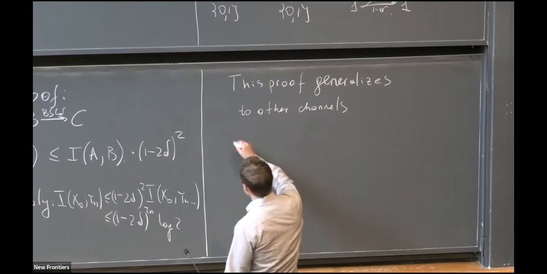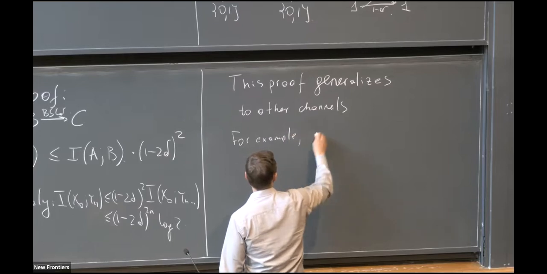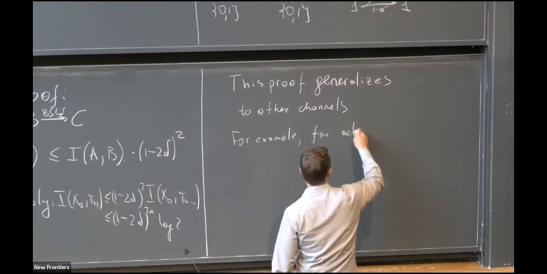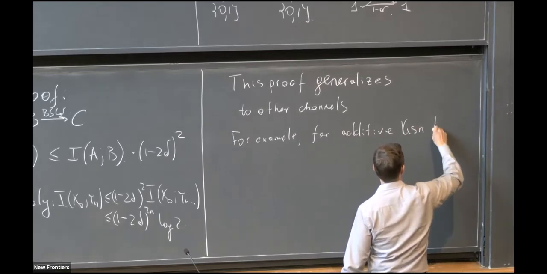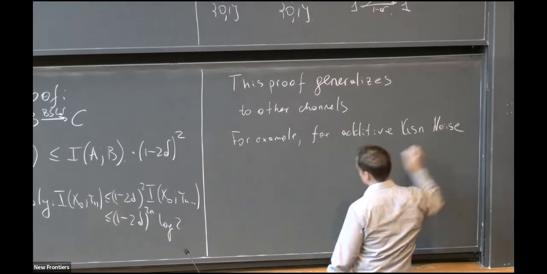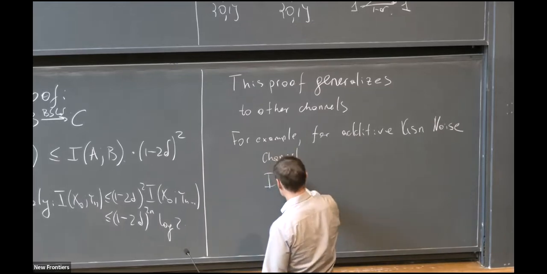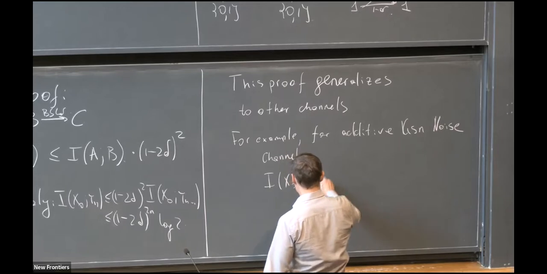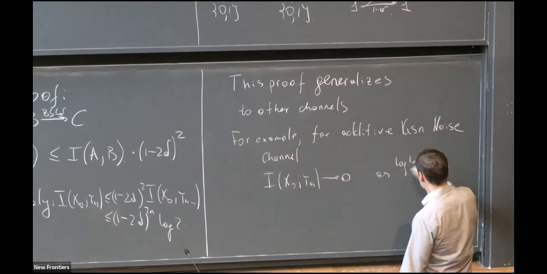In particular, for example, for the additive Gaussian noise channel, the situation is a little bit more murky, but you can show that I(X; Yn) also goes to 0, but only as log n over n.